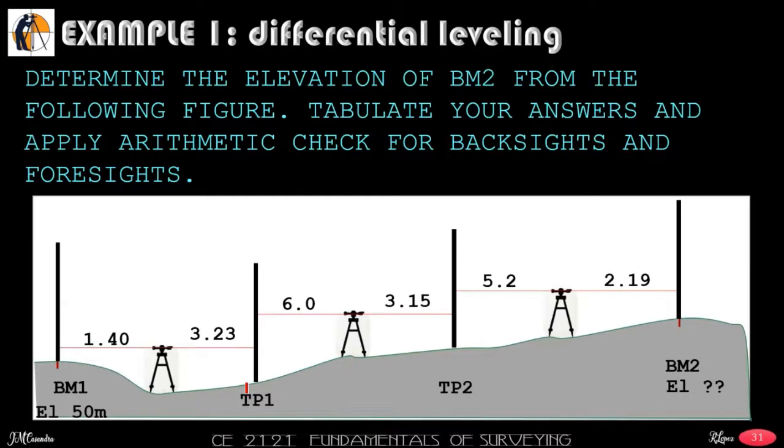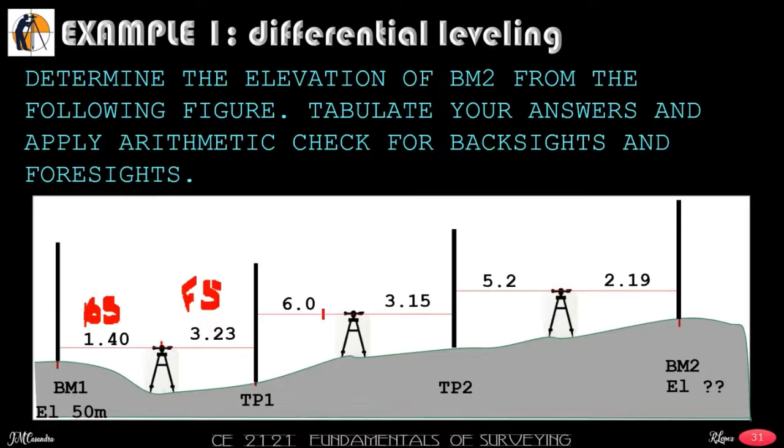So between the benchmark and your turning point, you will place your instrument, and the reading taken at the back of the instrument is our backsight. And the reading in front of the instrument is our foresight.